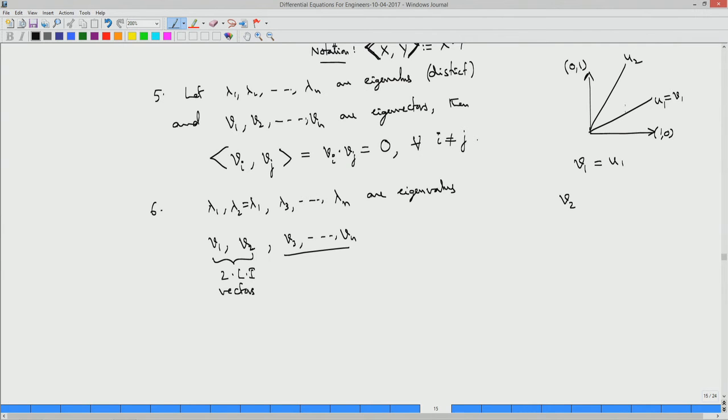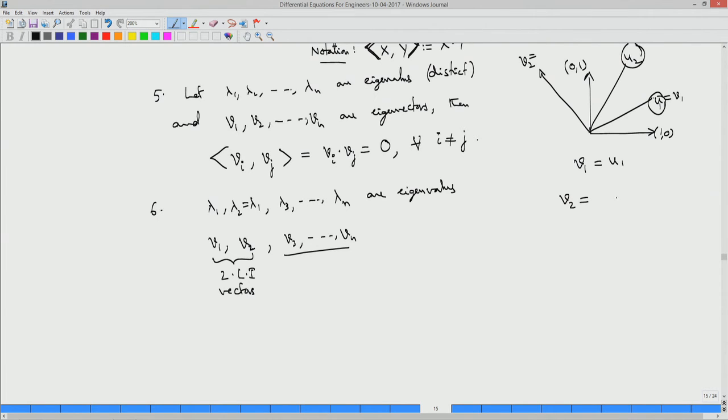What is V2? I want V2 to be a linear combination of these two, U1 and U2, so that it is orthogonal. How do I do this?